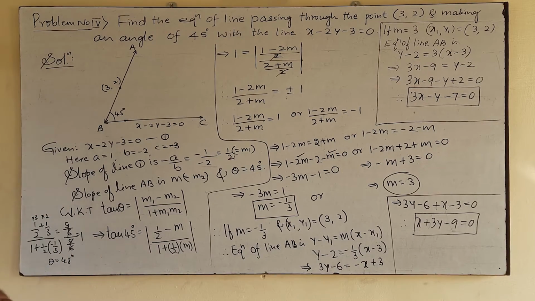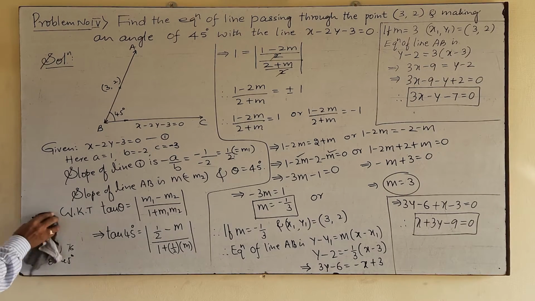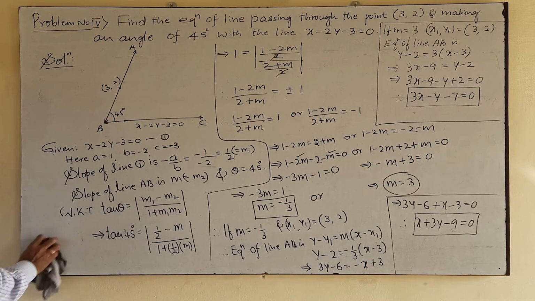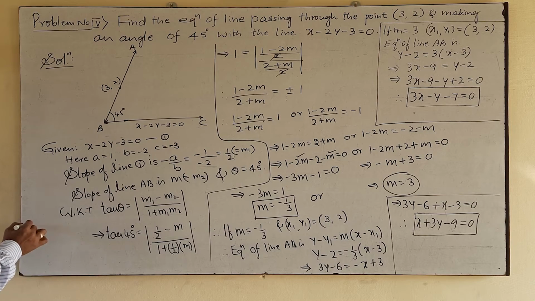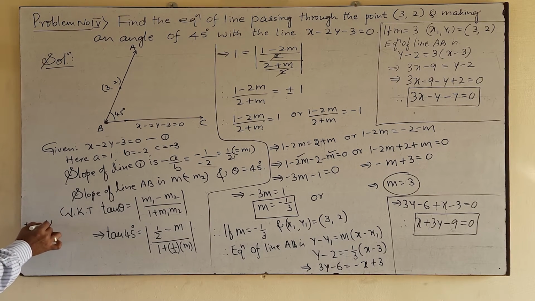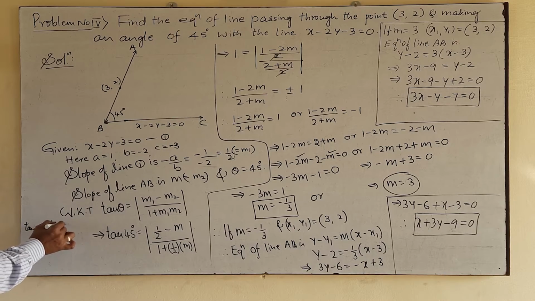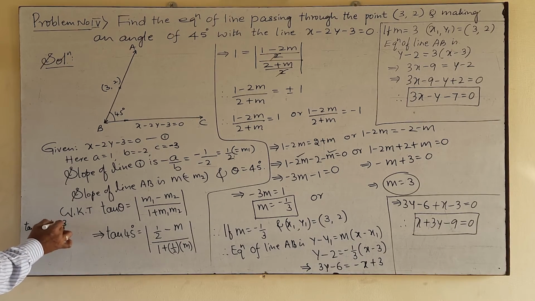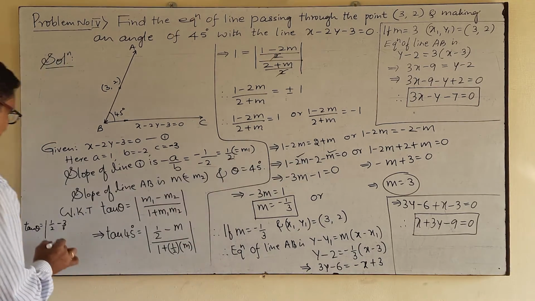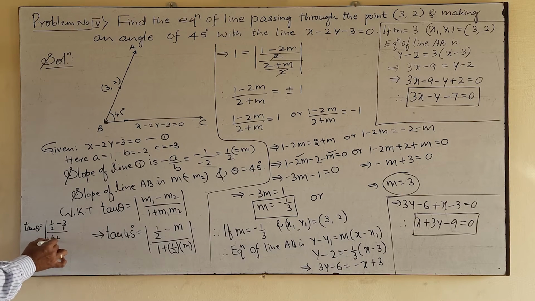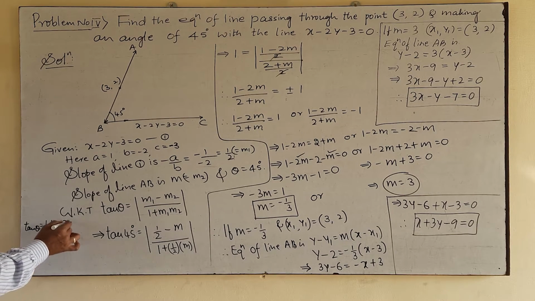Okay, if you take the other one, take that and see. Which one? Let us take m is equal to 3. Take m value 3 and substitute, so tan theta is equal to modulus of m1 value 1/2, m2 value is 3, right? m2 value m value is 3 divided by 1 plus m1 is 1/2, m2 is 3.